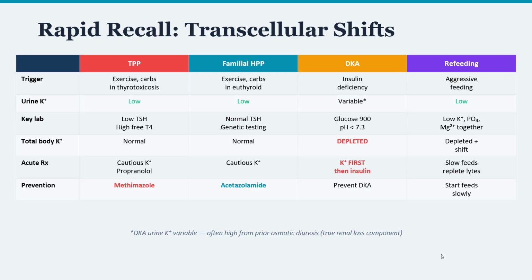Third, the prevention strategies are completely different for each one. Methimazole for TPP, acetazolamide for familial hypokalemic periodic paralysis, prevent DKA through diabetes management, and start feed slowly for refeeding.